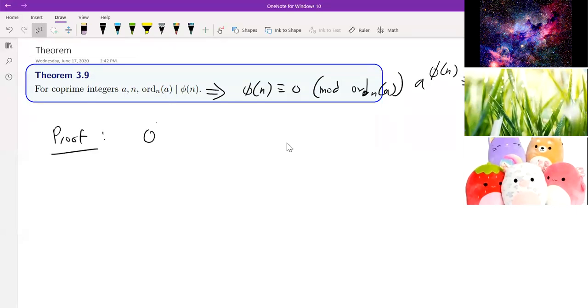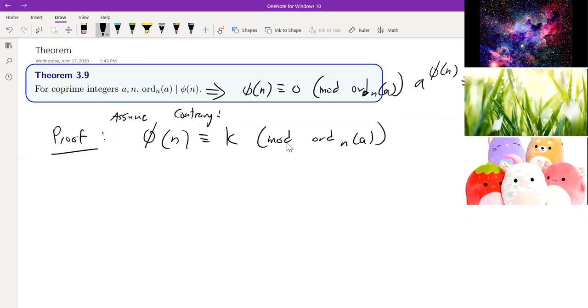In other words, we're going to assume the contrary, which is basically the false of the statement. We're going to assume that phi of n is going to be congruent to some integer k mod the order of a mod n, where k is some number greater than 0 but less than the order. So something between 0 and this, where it is a positive integer.